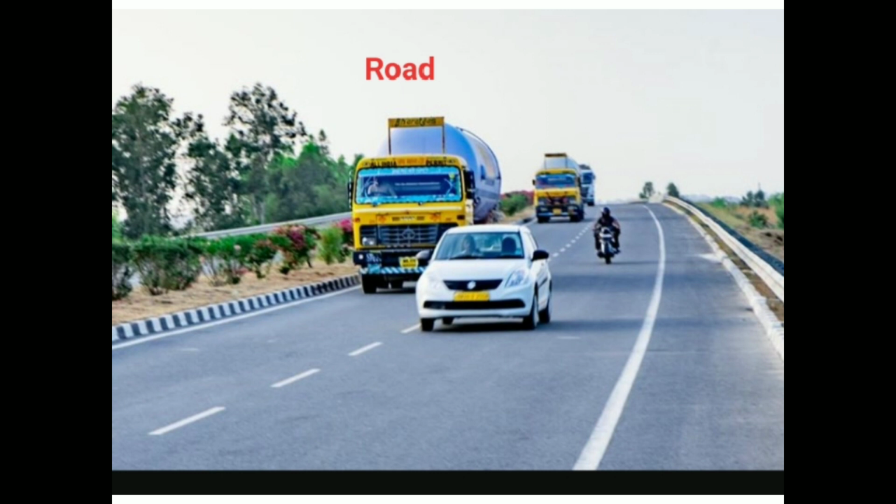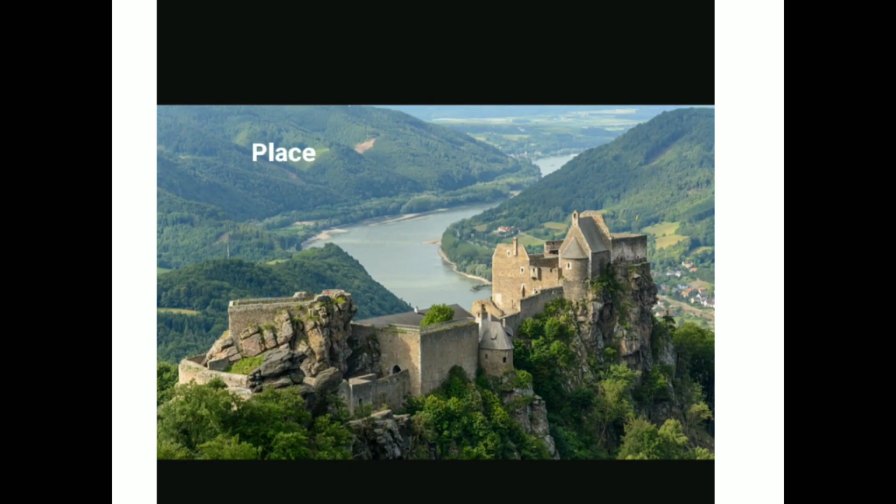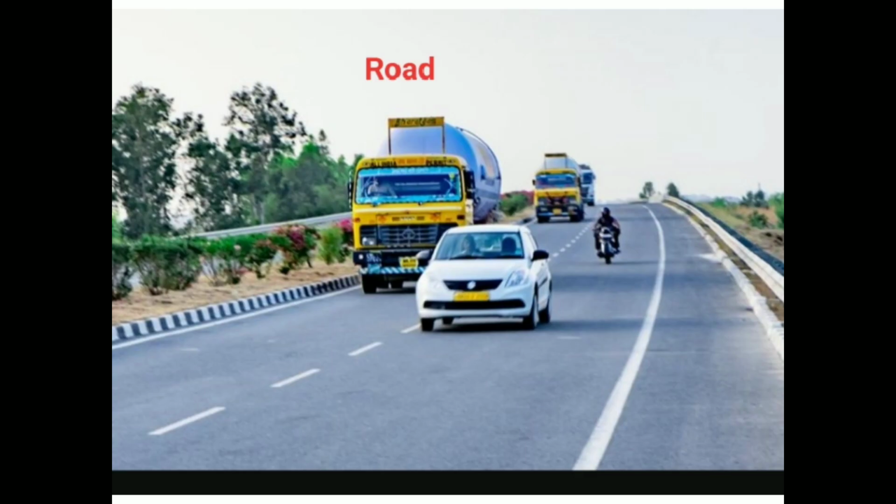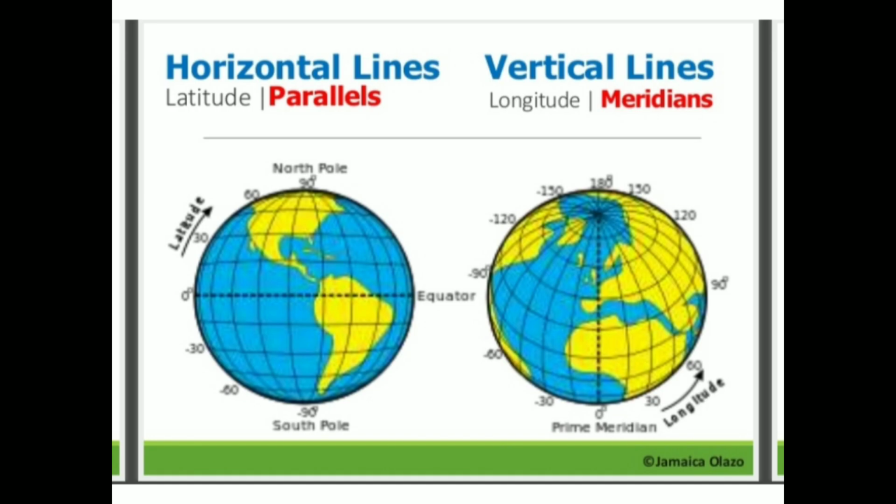The location of a place, the extent of a region, and the extent of any linear feature can be described precisely with the help of parallels and meridians. So in this lesson, let us see how to use the graticule for all these purposes. Thank you.